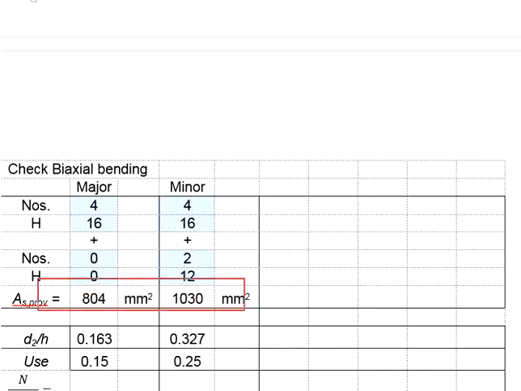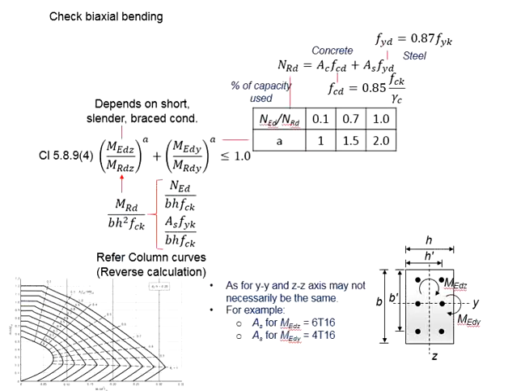Now you know the As. Your next step now will be to determine the moment resistance in the major axis and in the minor axis. Knowing the amount of reinforcement bar provided, basically you can compute this as fyk per b h fck.